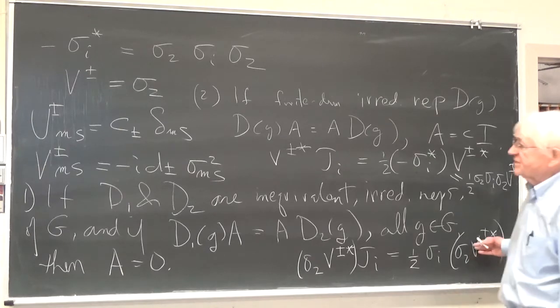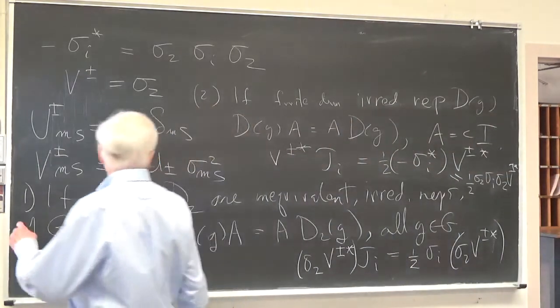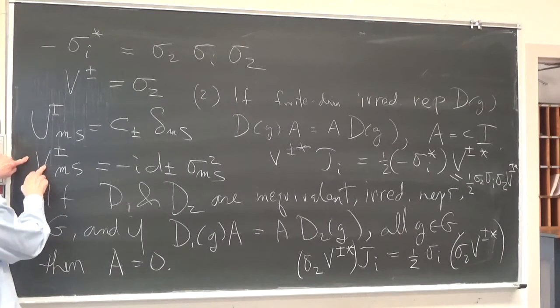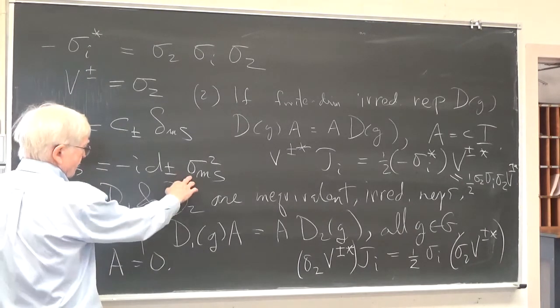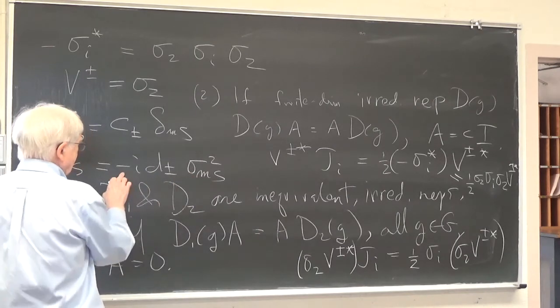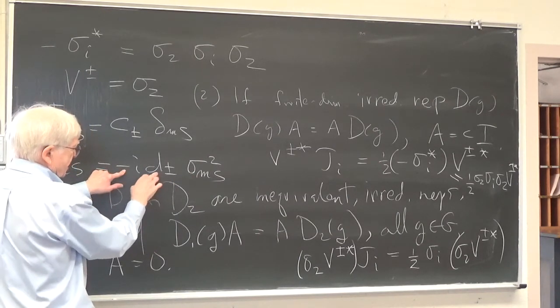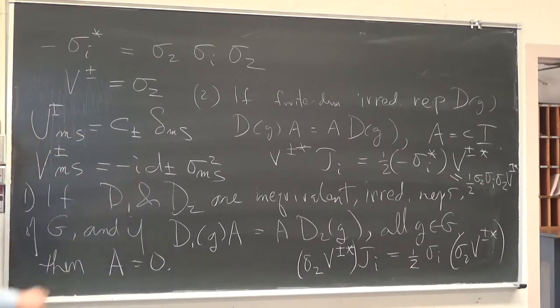And if that's a multiple of the identity, then V is a multiple of sigma 2, and since we already have an arbitrary number here, Weinberg chooses a minus i to make it simple.